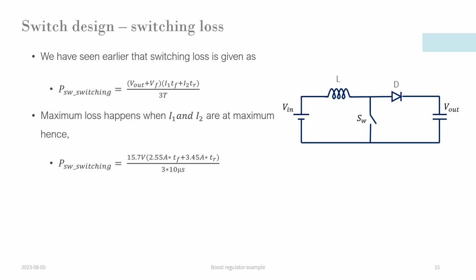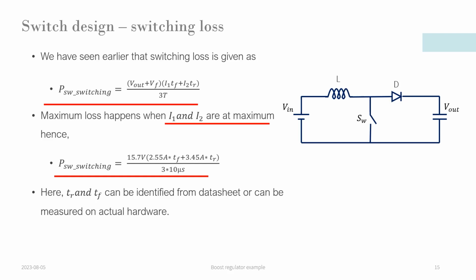From our previous equations, we know that switching loss is equal to Vout plus Vf into I1 Tf plus I2 Tr divided by 3T. From the above equation, we can see maximum loss happens when I1 and I2 are maximum. We can substitute all the known values in this equation. The rise and fall time can be found from switch datasheet or it can be measured on actual hardware.